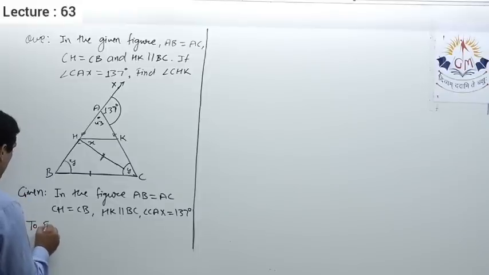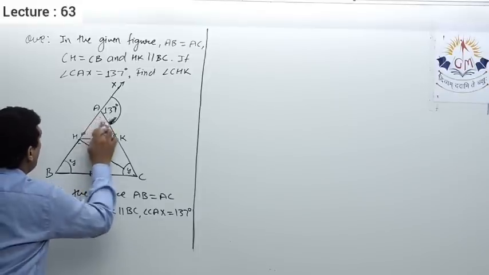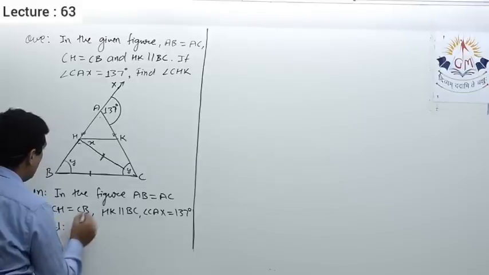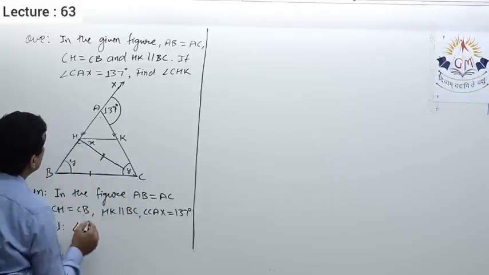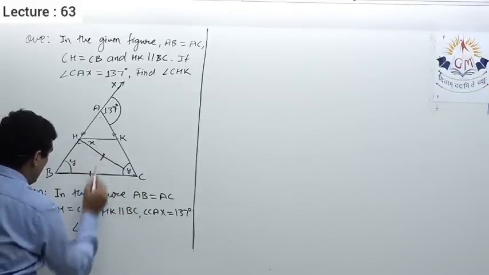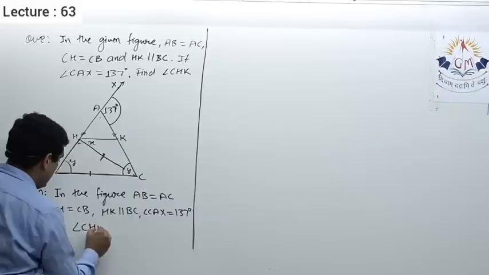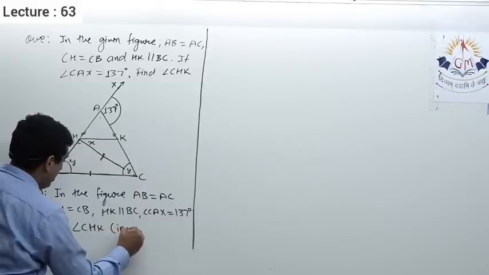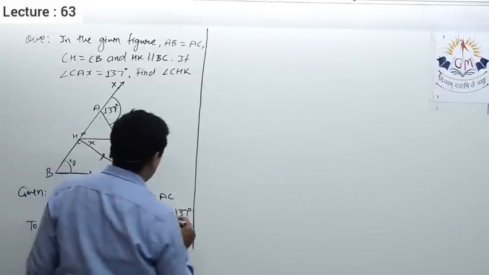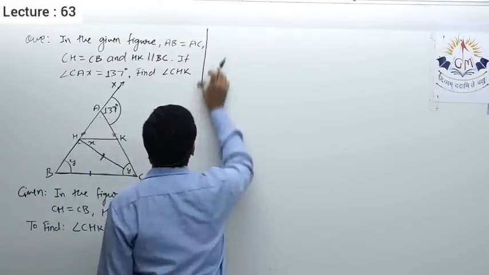To find: here it is not required to prove, we have to find. What we have to find? Angle CHK. Here I am writing that as X.